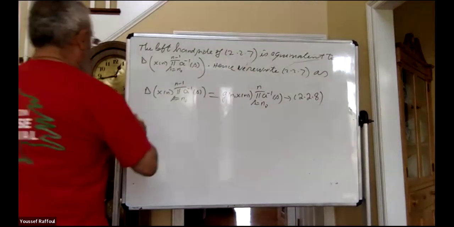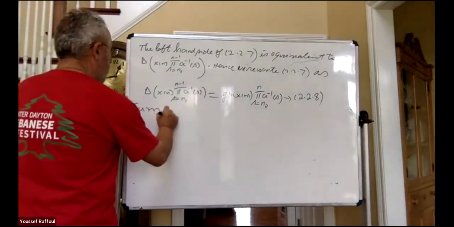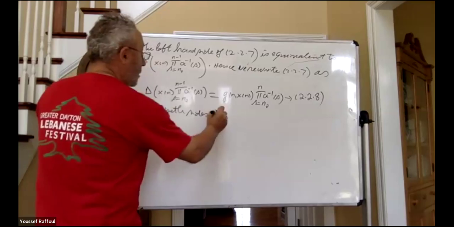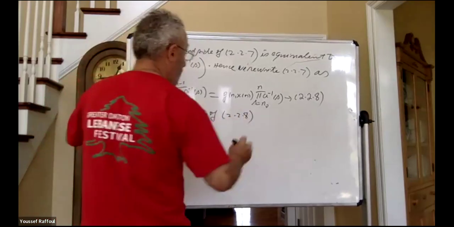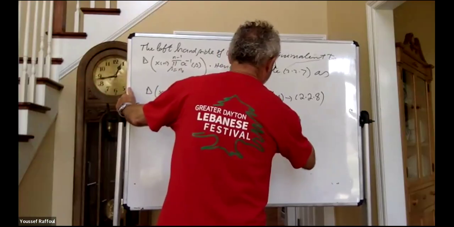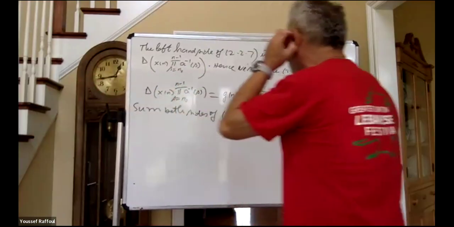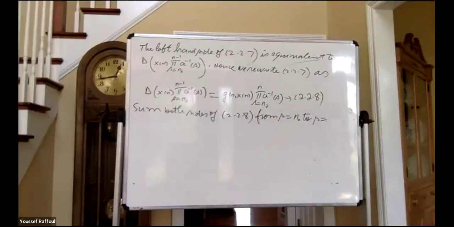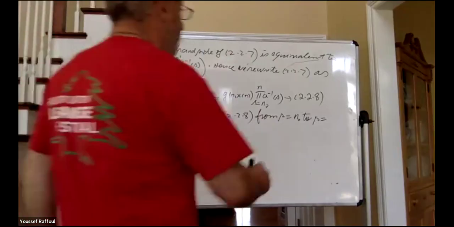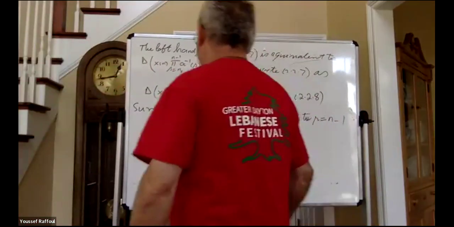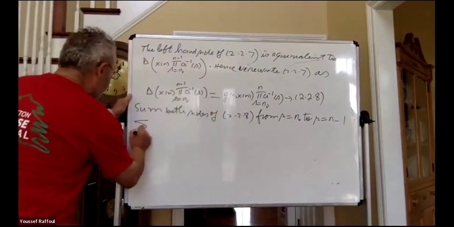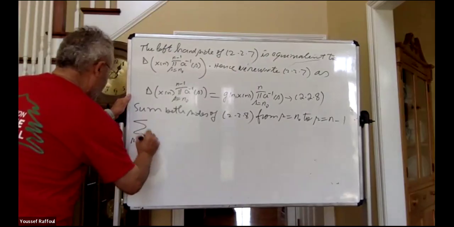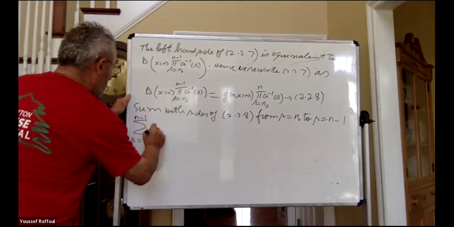Okay, so now we're going to sum both sides of 2.28 from r equal n0 to r equal n minus 1.